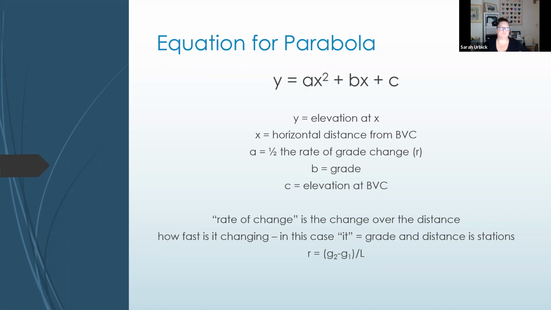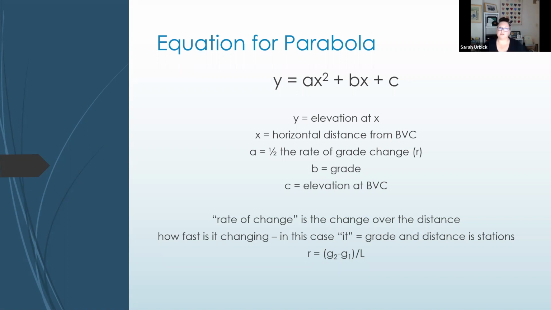At this point, what we're talking about is our grade of our slope and our distance measured in stations. Our unit of measure is really bizarre. It is percent per station. Yeah, I know, right?